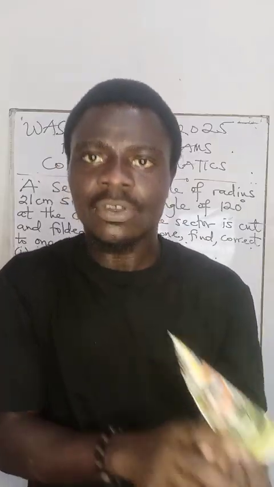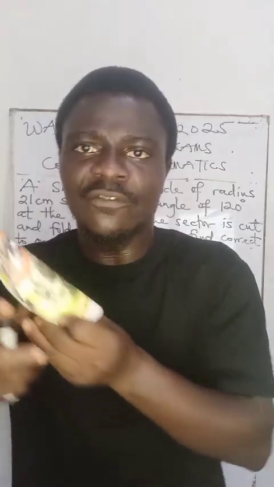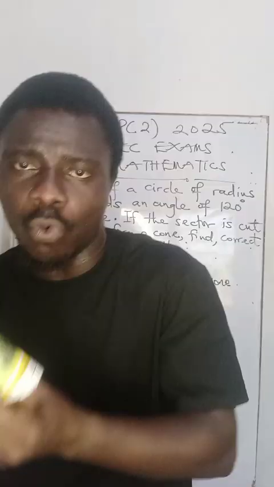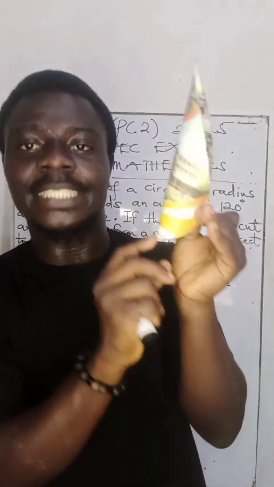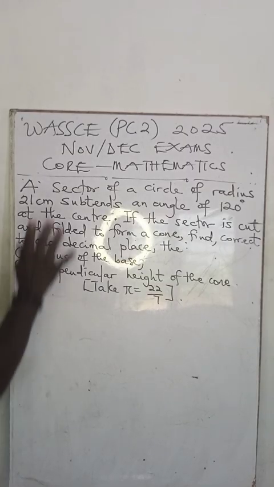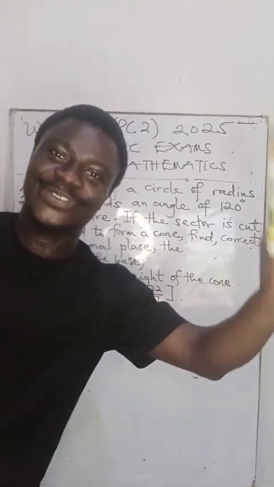Two, the length of the minor arc will be the circumference of the base of the cone. You know that the base of the cone is a circle. So take note of these two illustrations. These are the illustrations we'll be using to solve our question.